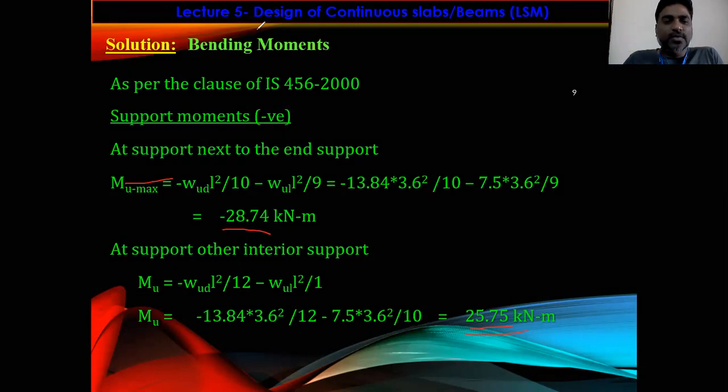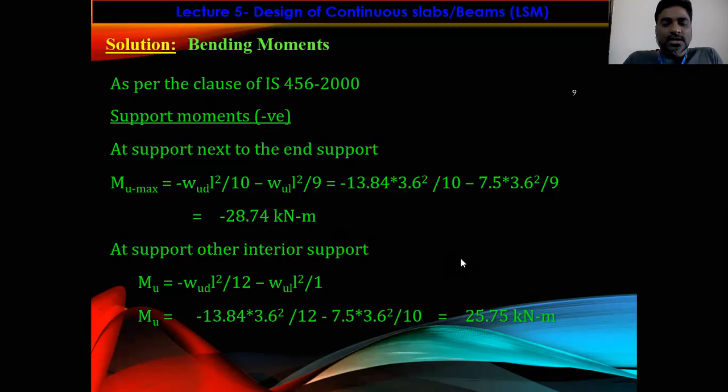So that is why I am providing the same reinforcement that I got corresponding to the support next to the end support for the other interior supports also. But you need to write it clearly why I am taking it, because the difference is very less. If the difference is very high, then you need to calculate the reinforcement for this case separately.